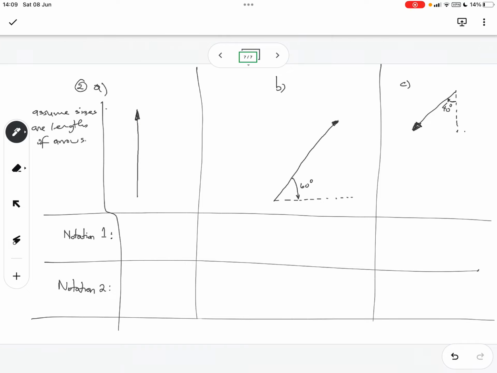You have a vector, it's pointing vertically in that direction. How would you use the notation that we know about vectors between the relative, the compass, and the bearing? Do you think we can use relative directions here? Let's start there.